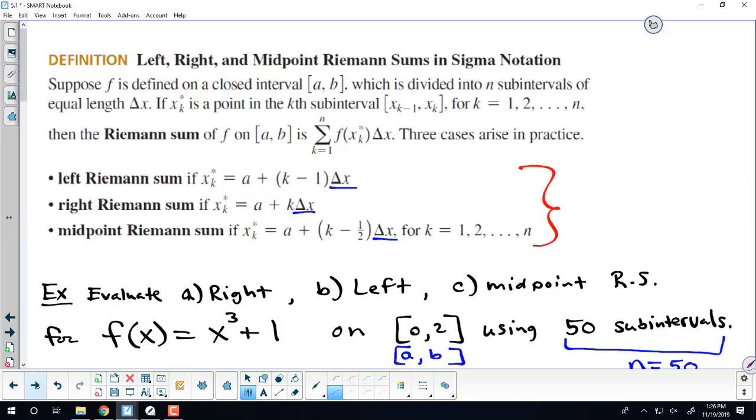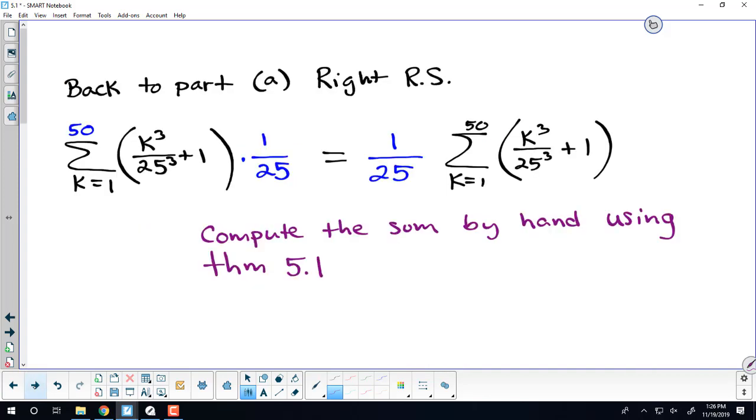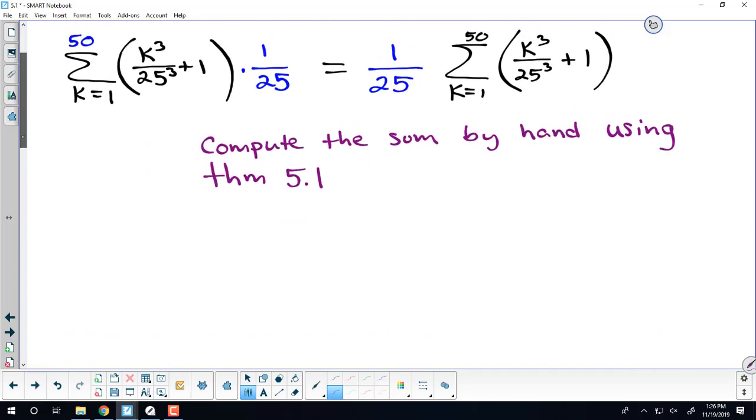And the way we do that is we're going to whittle this down so that it's recognizable directly applied to that theorem. So our 1/25th is still out here. We're going to distribute the summation to both terms in parentheses, or whatever you get from the f of x star. If you had 5 terms, the summation applies to all 5 terms. Here it's just 2.